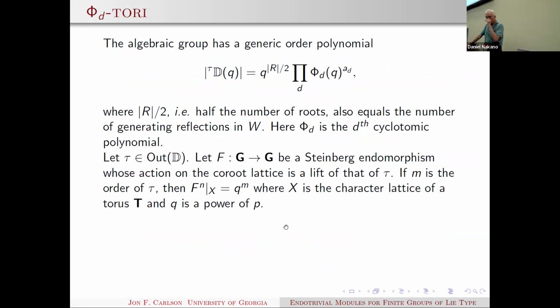If the finite group is defined over a field with q elements, then this gives you the order. I'm not going to get into how you get this, but these things have a generic order in some sense. If you take an outer automorphism tau, Steinberg endomorphism, acting on the lattice, with m the order, then the point is if you take F^m and restrict it to the space X, the character lattice of the torus, then q is going to be a power of p.